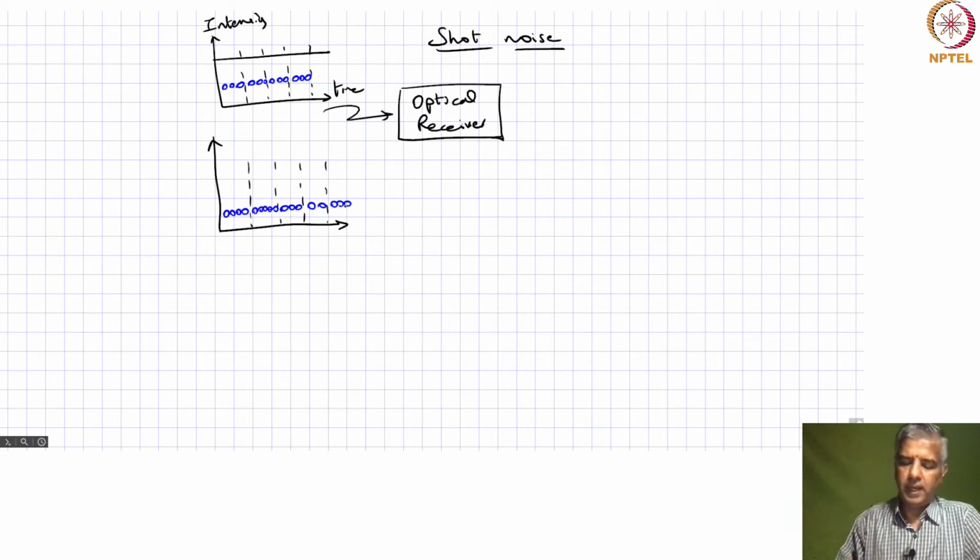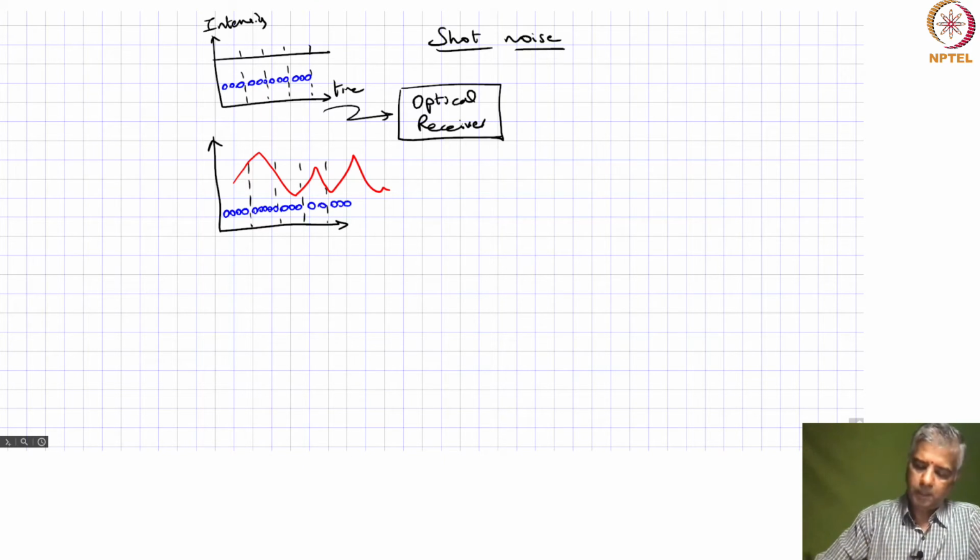So in reality, when we look at the corresponding signal, the signal might actually look like this, and so on. This is basically the number of photons per unit time window, which may be varying with respect to time.